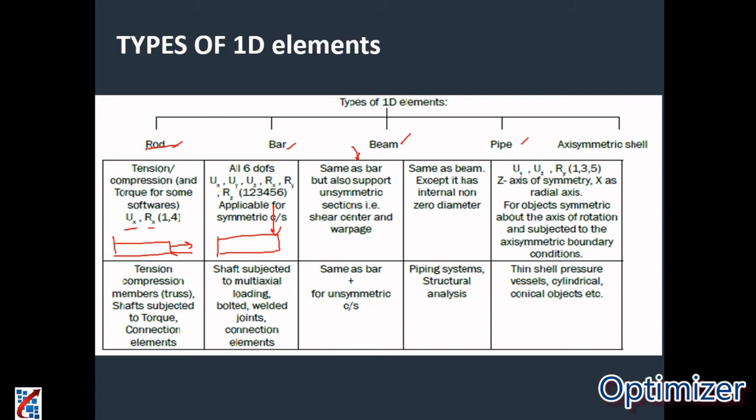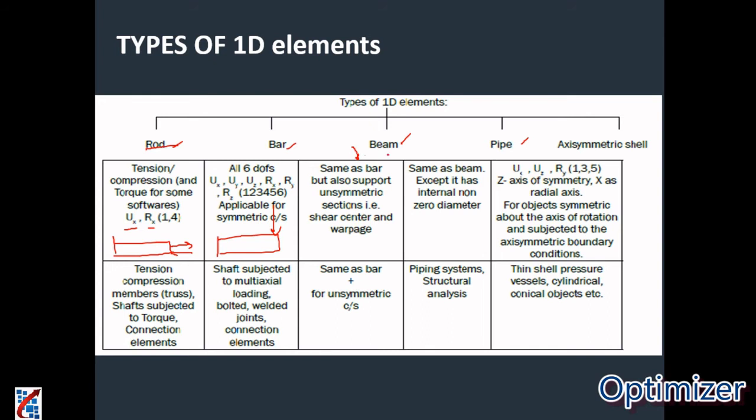If you summarize the first three, the rod element is only applicable for axisymmetric or uniaxial tension compression problems. Bar and beam are applicable to any multi-axial compression, tension or bending problem. In that, the bar element is only applicable for symmetric cross sections and the beam element for symmetric as well as unsymmetric cross sections.